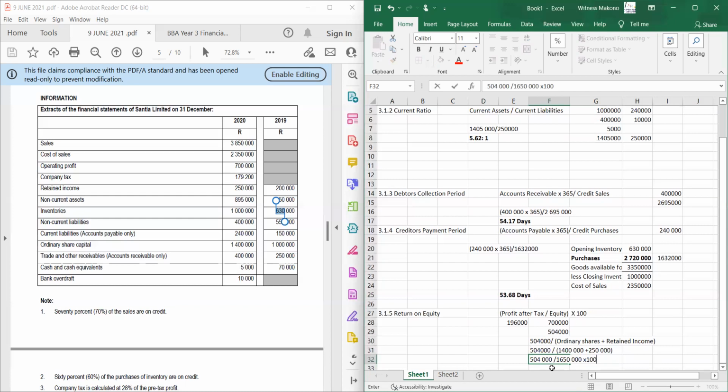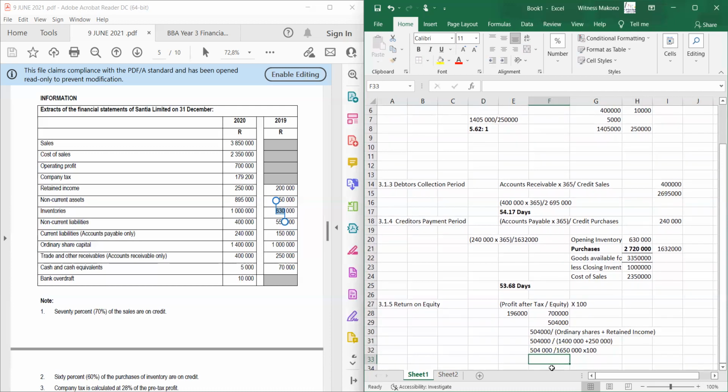Return on equity, 504,000 divided by 1,650,000 times 100. You get 30.54, which is equal to 30 points.